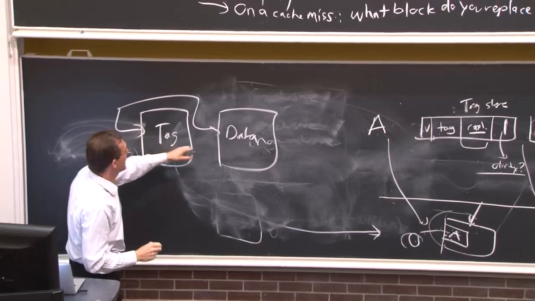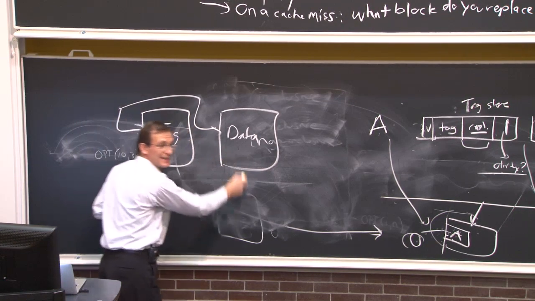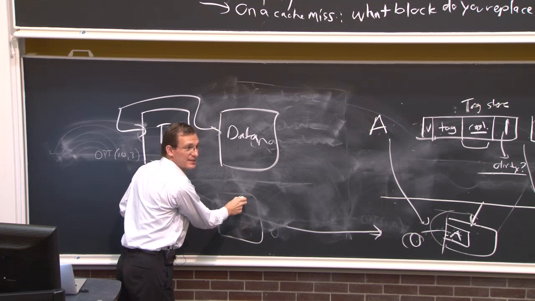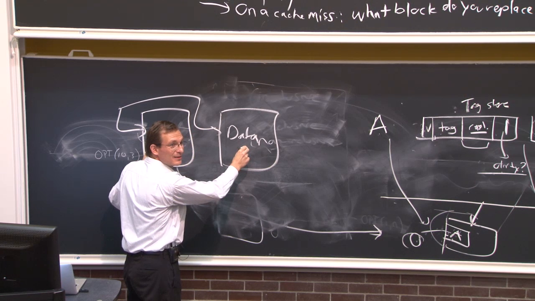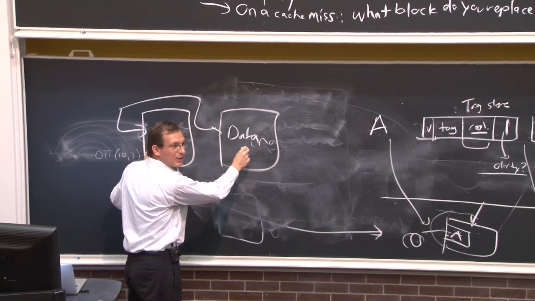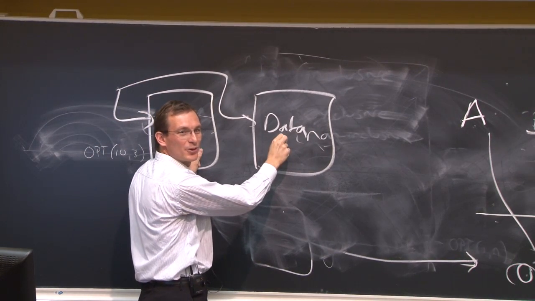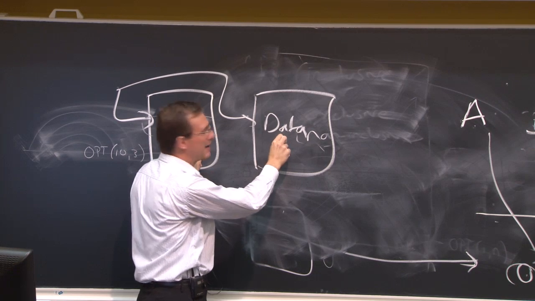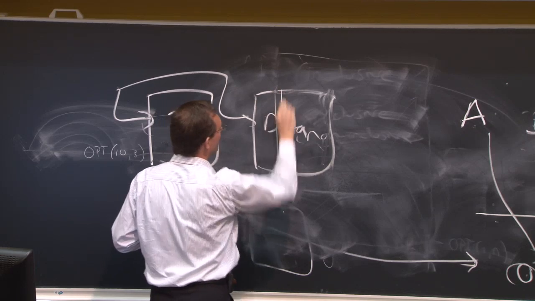What is the upside of accessing them at the same time? You don't need to wait for a tag match to get the data. Right? What is the downside of accessing them in parallel? Well, what if you don't have a tag match? Then you've accessed your data store for no reason. Right? You wasted power.